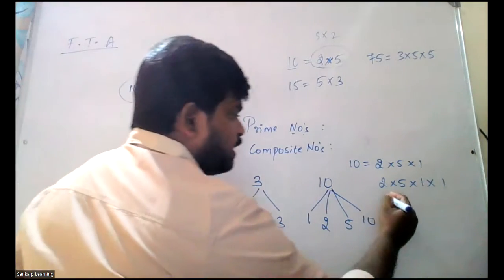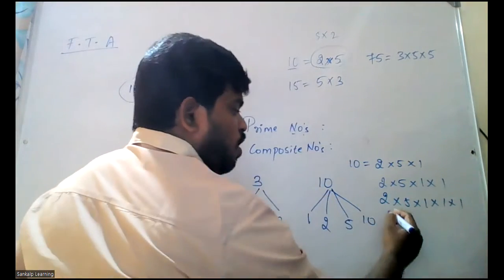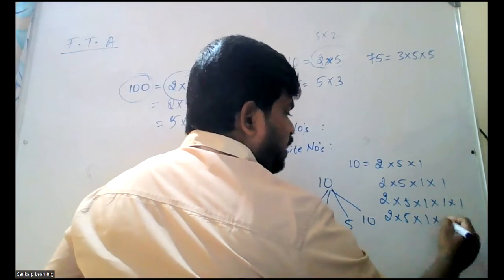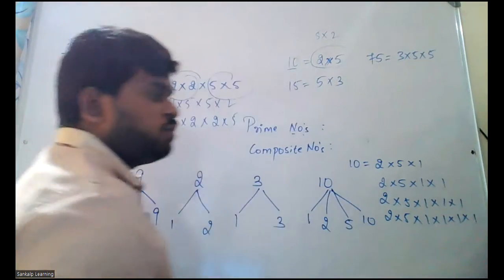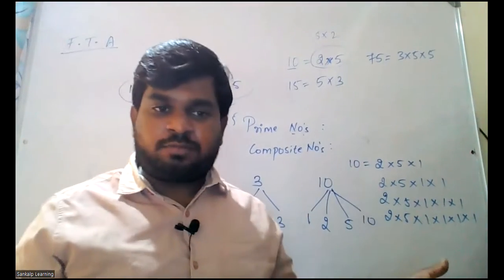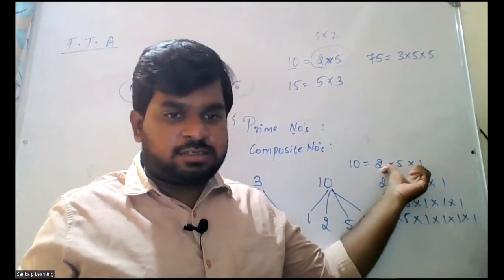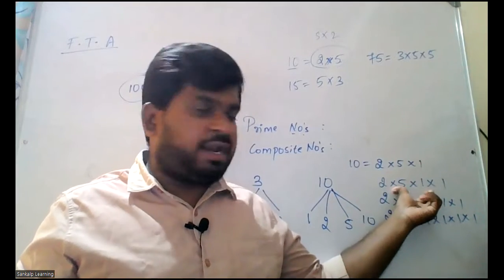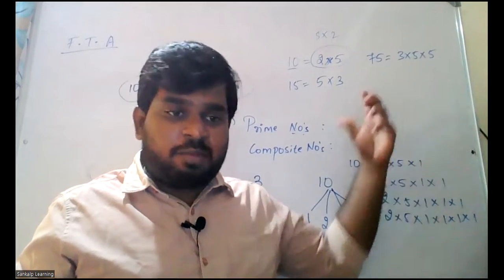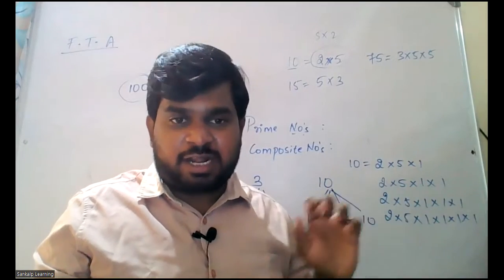Or I can also write it as 2 into 5 into 1 into 1 into 1. So here the uniqueness is gone. If I take 1 as a prime number, I might write like this, or some other person might write like this, or some other person might write like this, which means we are getting different prime factorizations.